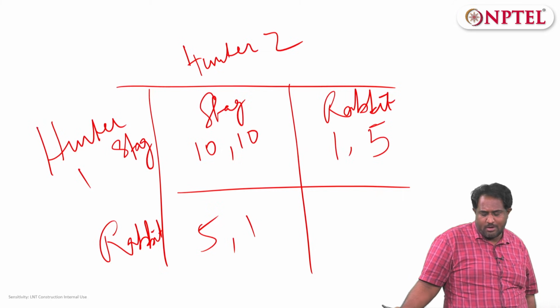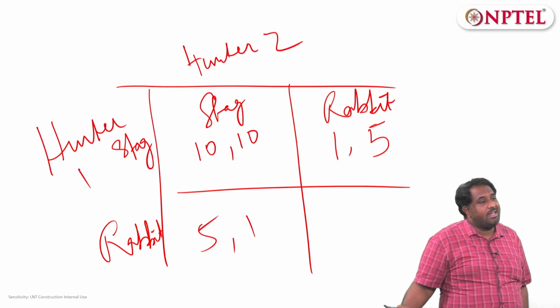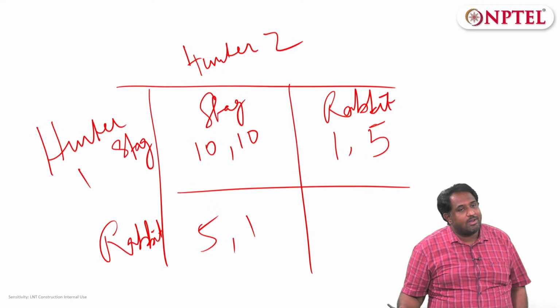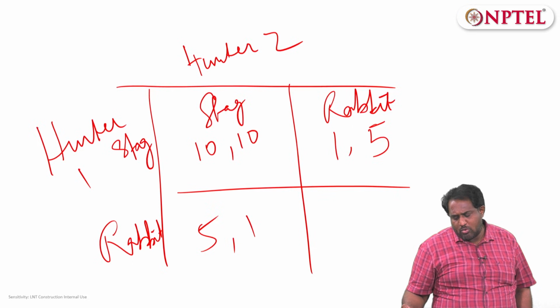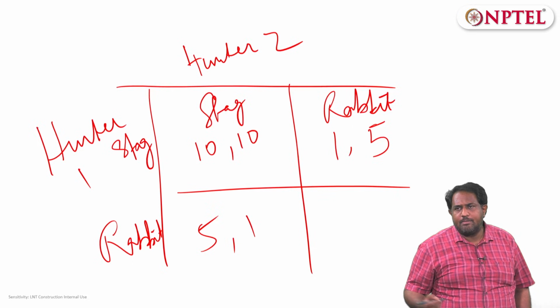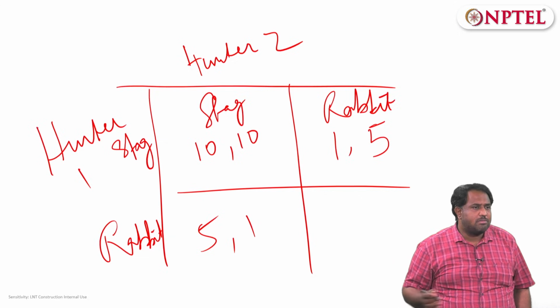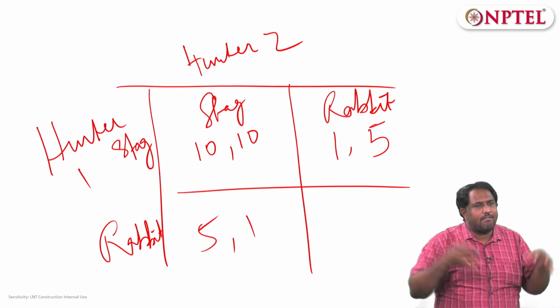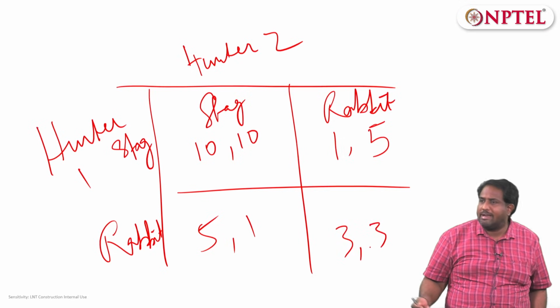This is the payoff, how it will appear. And if both of them decide that we don't really care about cooperating on catching the stag, it doesn't make much sense, let's go our own ways. And even if they end up cooperating to catch a rabbit, of course, rabbit being smaller, and then after that you have to share, then very clearly it's not like the full 5 you get to enjoy, right?